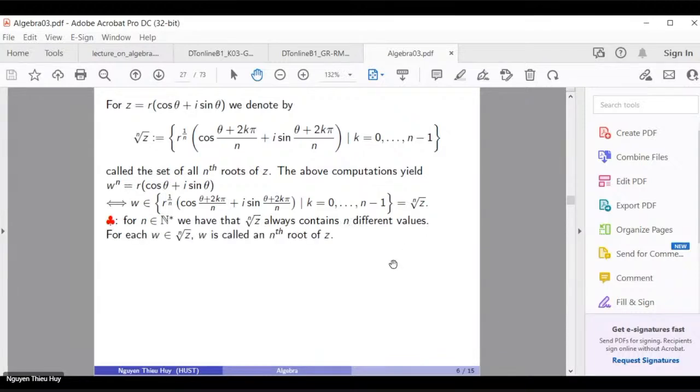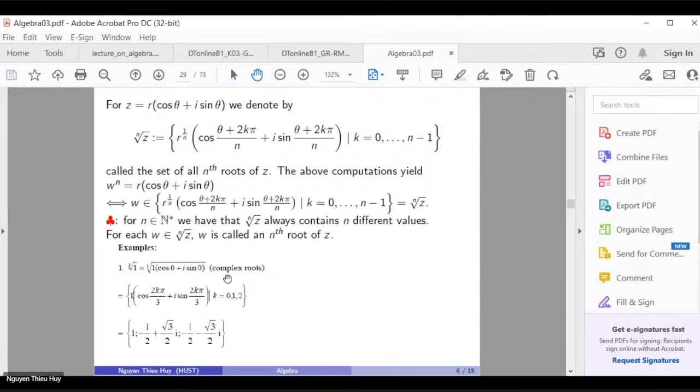Let's see this immediately by an example. And of course, for w belonging to this set, the nth root of z, we call w an nth root of z, because w is a value and the nth root of z is a set, so the value belongs to the set. That's the very standard way to write nth roots of z. So let's give you an example here.